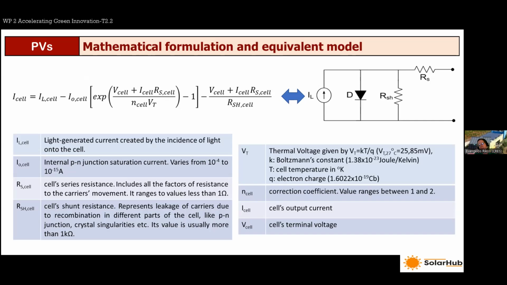Some people are more familiar with electric circuits, so this could make more sense to them. And this could also be used in order to emulate and calculate the performance of a photovoltaic cell or a module, let's say. So in this model, we have the light generated current represented by a current source and the diode, as I mentioned before, and the two resistors that represent the losses.